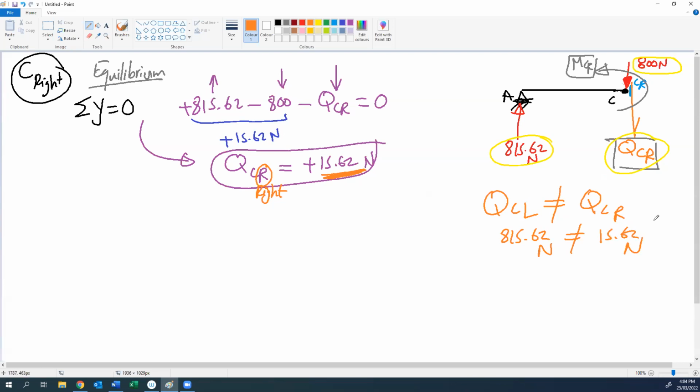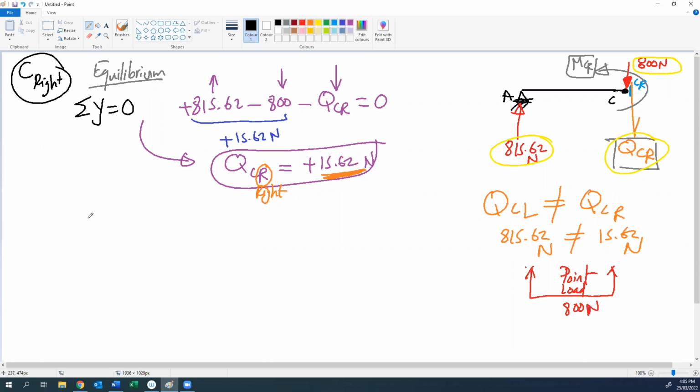So what is the difference between shear left and shear right? What caused this difference? The force causing this difference is the point load 800. So the point load causes a drop in shear, or a difference in shear, between section left and section right.